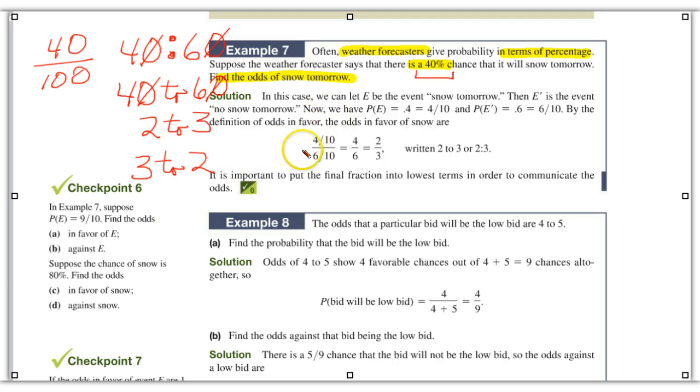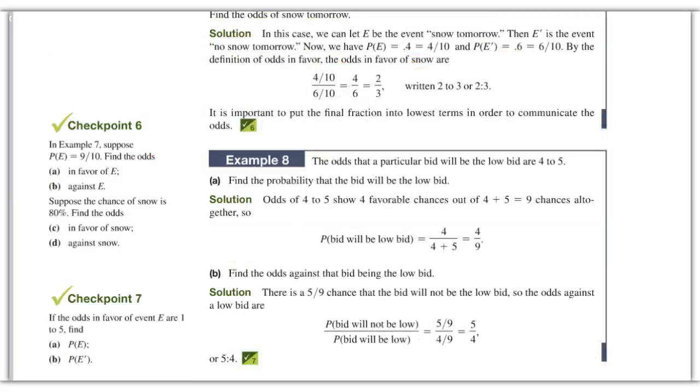And be sure you're asking questions if you're not sure of something. Now in example 8, the odds that a particular bid will be low bid are 4 to 5. Now they want you to change odds to probability. So how many bids are there?